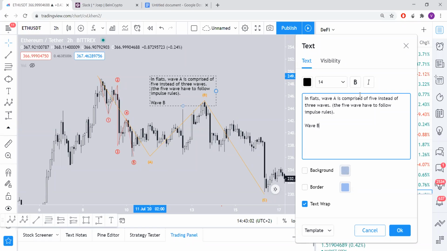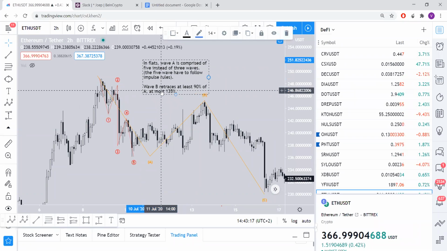Wave B, at most, is a bit subjective. I've seen some people say 127. I don't think there's an exact consensus, but if it goes much higher, then your count is probably wrong.